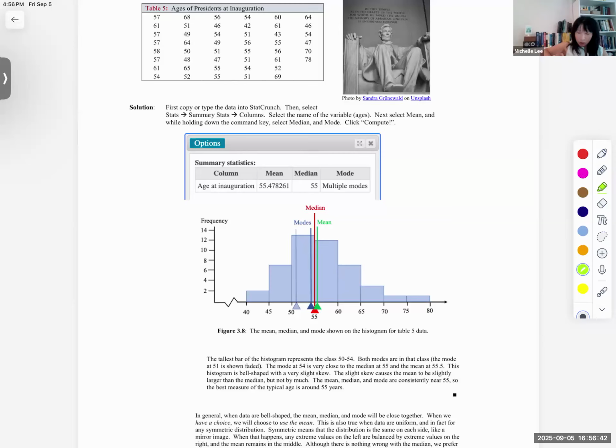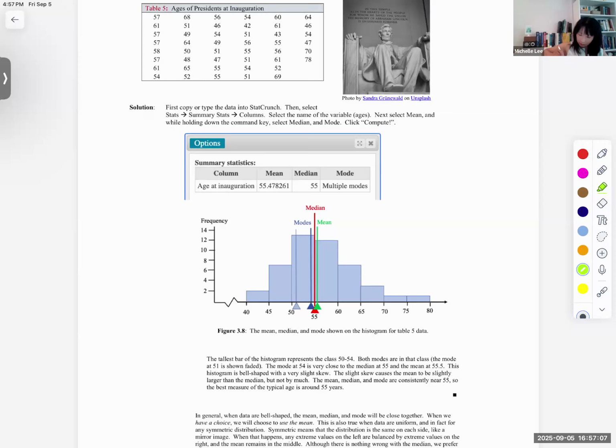We will talk more about skewed right, skewed left, and how we determine that, right? In that case, the mean is more toward the right, so we can say skewed right.